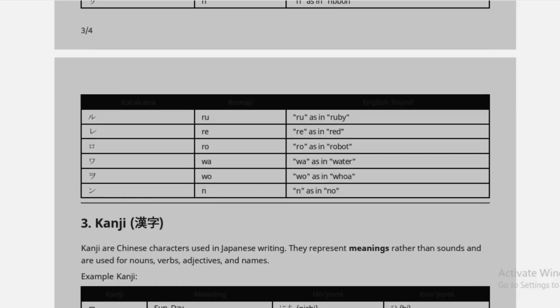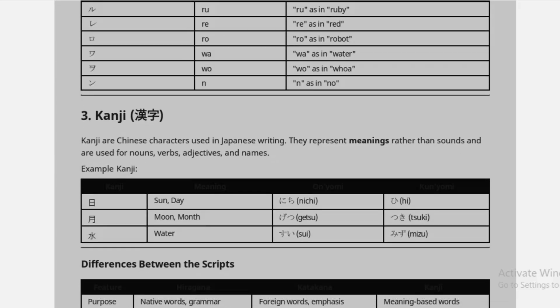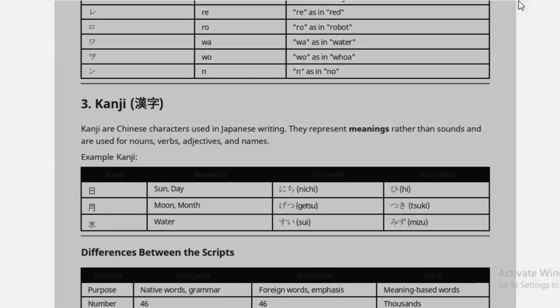So these are the sounds in katakana. Katakana and hiragana have the same 46 sounds, and the sounds are the same but the writing scripts are different. Katakana is used for foreign words and hiragana is used for Japanese words.